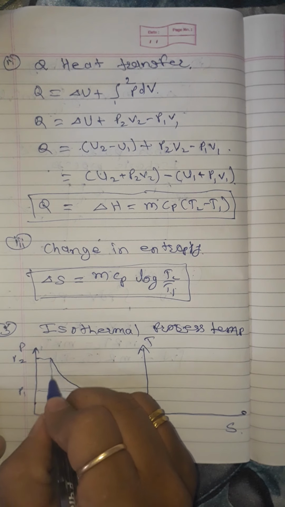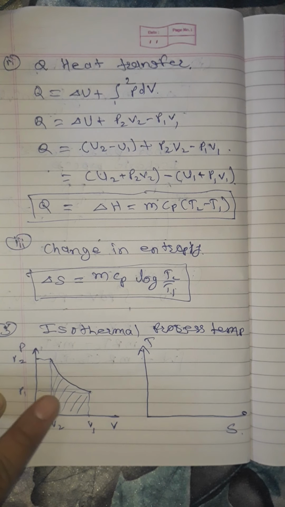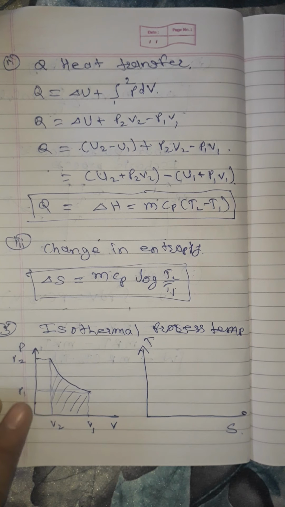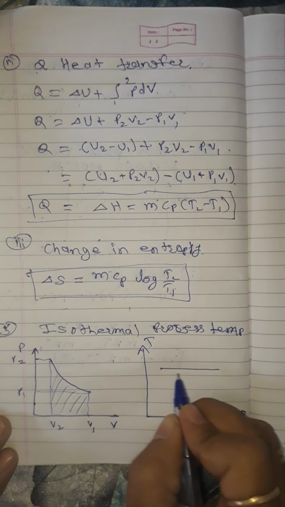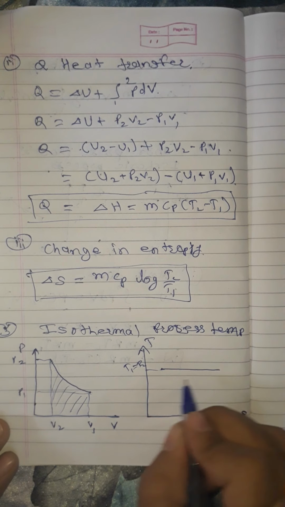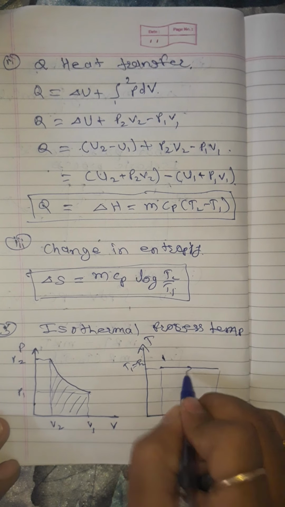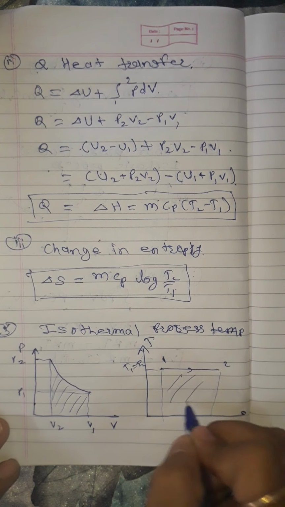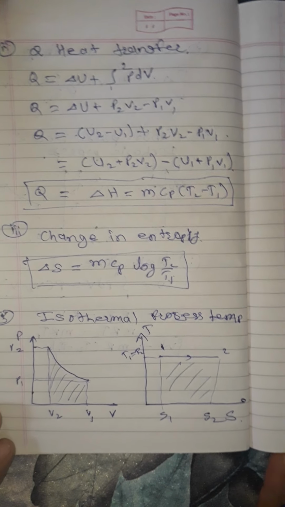The area covered under the PV plane is called work done. On the TS plane, T is constant, T1 is equal to T2, this is S1 and this is S2, and the area covered under the TS plane is called Q. Got it? Okay.